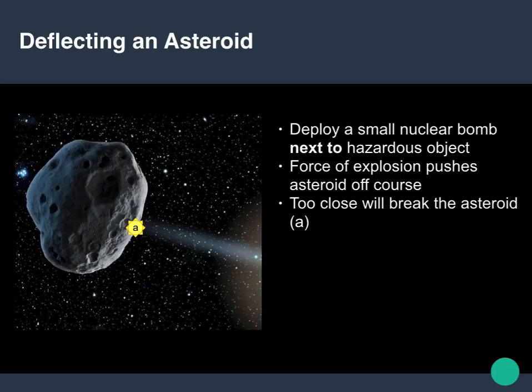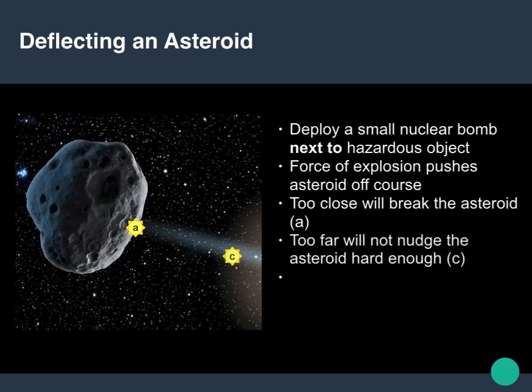And so sometimes it's okay to get some debris, but as long as the debris is not heading towards us. So as long as the debris goes everywhere else, we're golden. And too far away, if we deploy too far away, it's not actually going to really nudge the asteroid at all. So then we're just wasting a bunch of money sending nuclear weapons out into space and blowing up nothing.